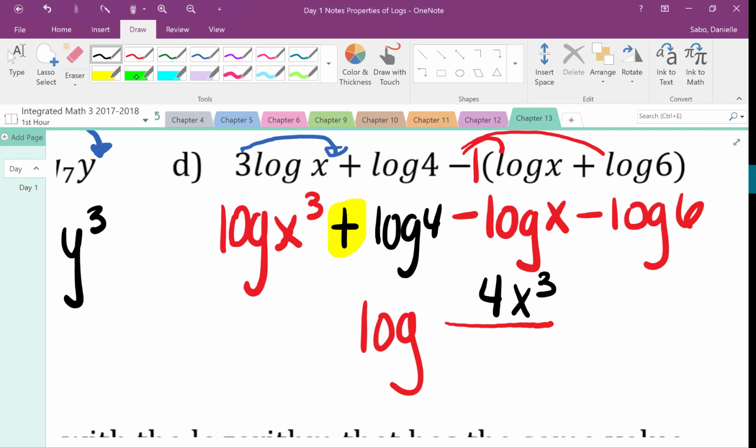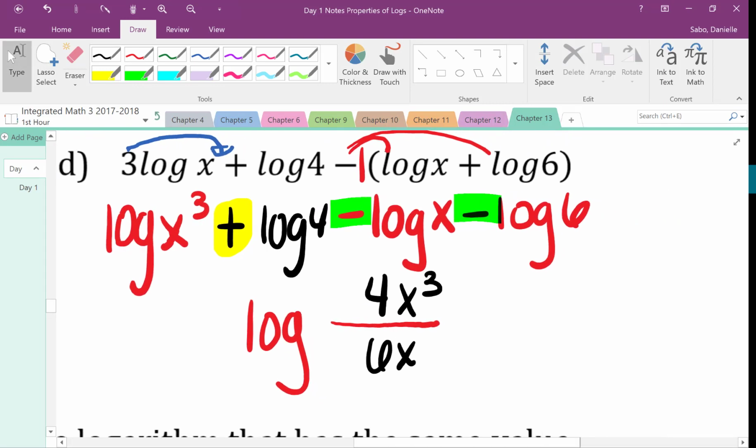But now that I have subtraction, where is it going to go, on the top or bottom? The bottom. So all of the argument pieces are going to go on the bottom. So I have the x is going to go on the bottom and the 6. Yep, 6x. See, I just saw that. I was like, ugh, that's gross. Okay, we can simplify this just a little bit.